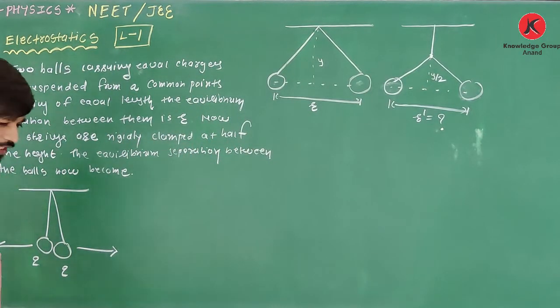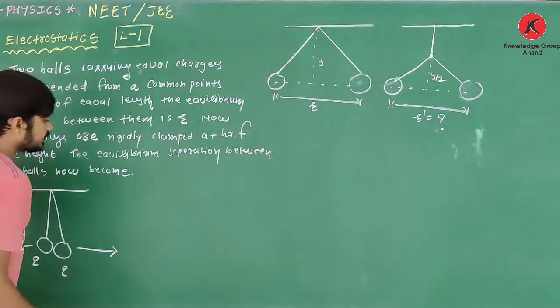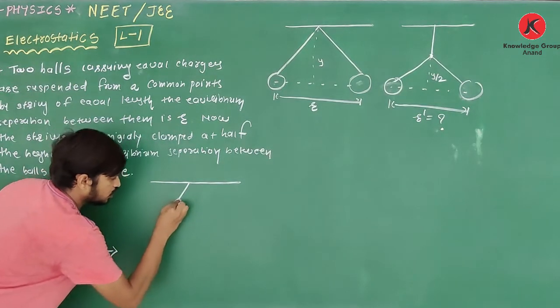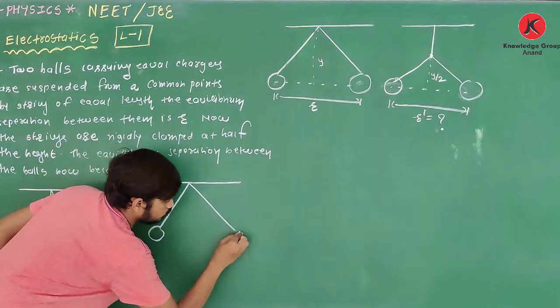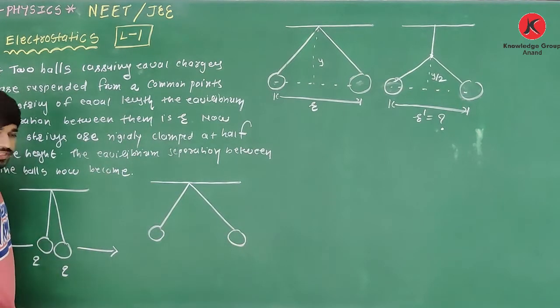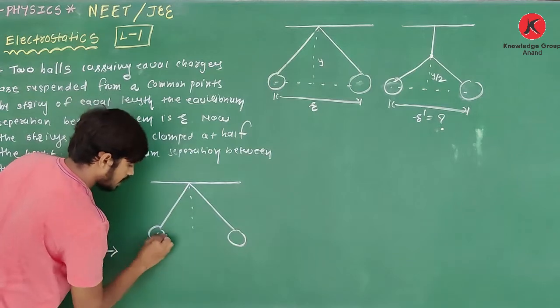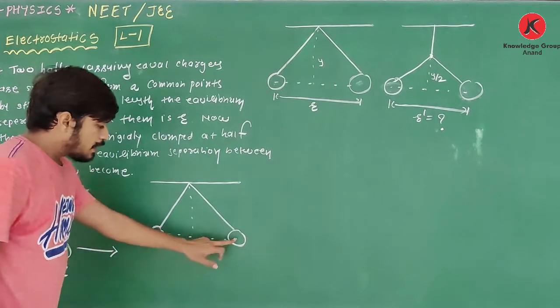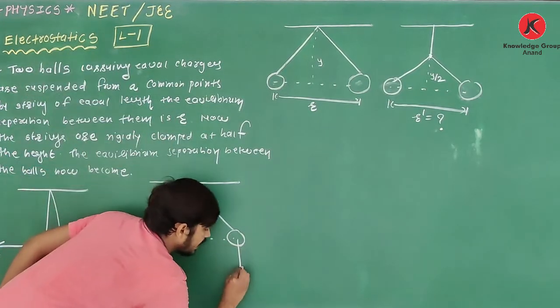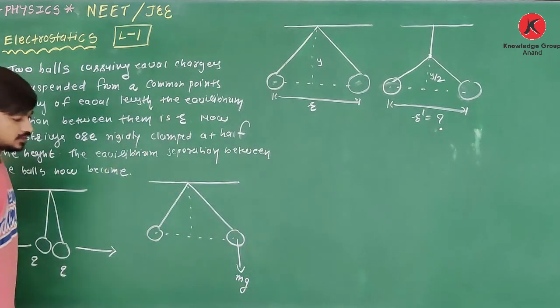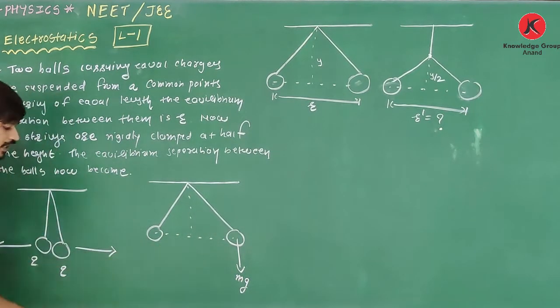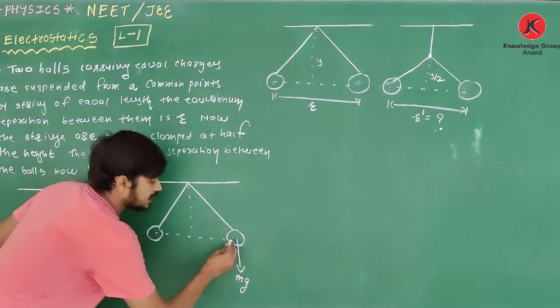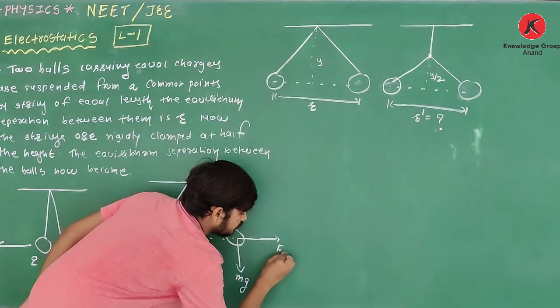Now see here. When two balls having the same charges are in this condition, see the number of forces acting on them. First, due to the mass of each sphere, mg acts in the downward direction. These two spheres are moving away due to electrical force, that is Fe, in this direction.